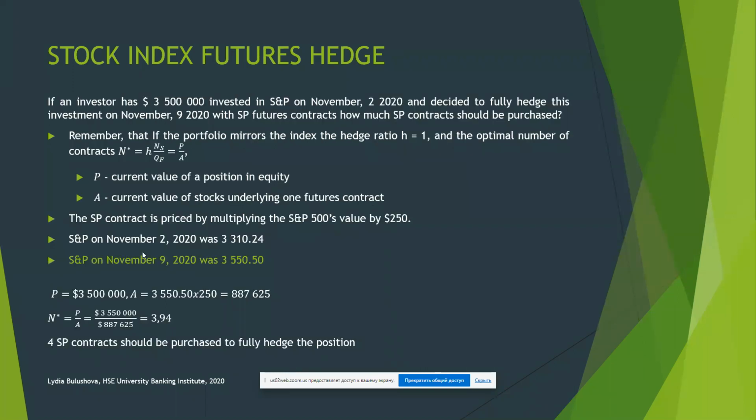So let's consider an example. Consider an investor who has $3,500,000 US invested in S&P 500 on November the 2nd, 2020. 7 days later, on November the 9th, the investor decided to fully hedge his position with SP futures, like normal size futures contracts.